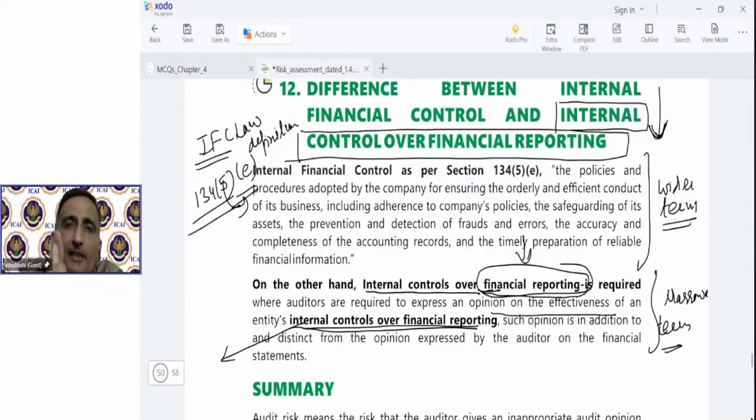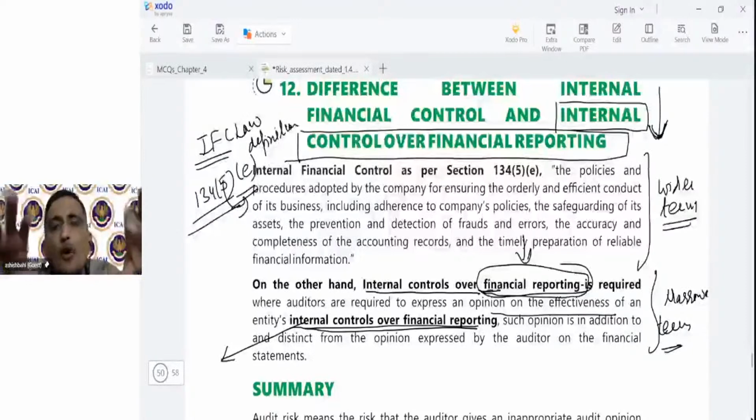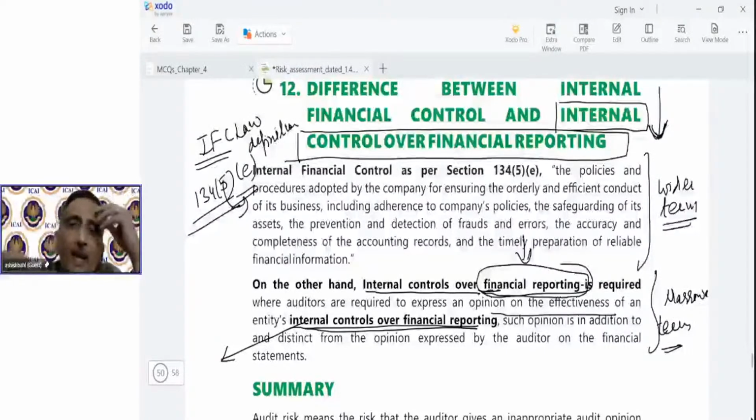Internal controls you have already understood. Internal financial control is a law requirement, section 134 subsection 5, a comprehensive definition, more or less similar to internal controls, but it is a mandatory law requirement since the auditor has to separately report under section 143 subsection 3.